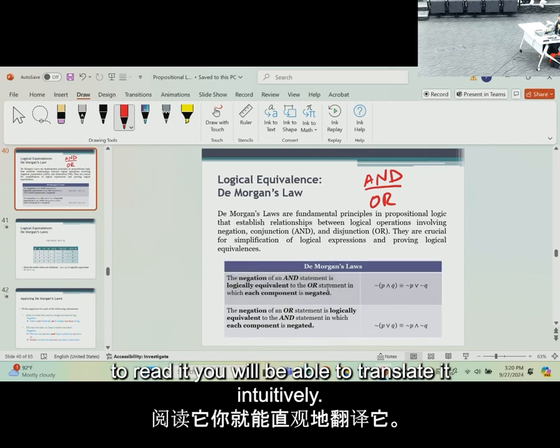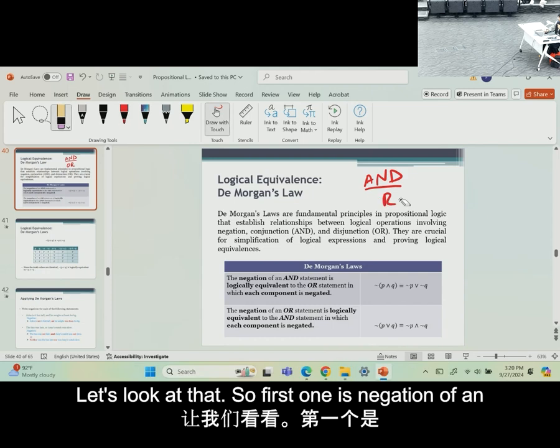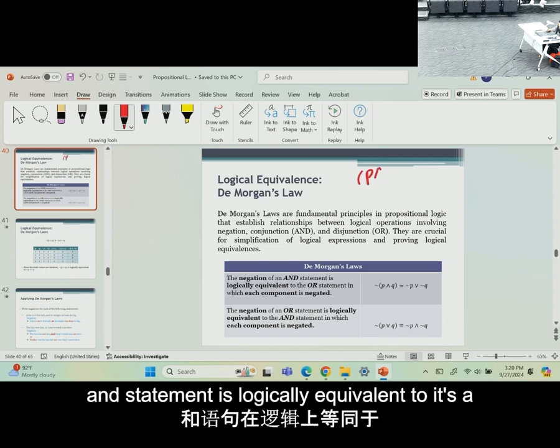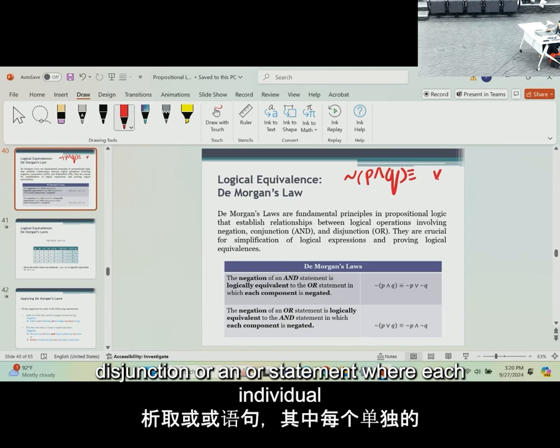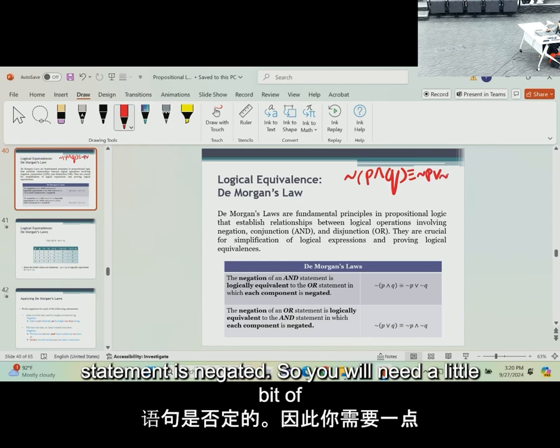If you know how to read it, you will be able to translate it intuitively. Let's look at that. So the first one is: the negation of an AND statement is logically equivalent to its disjunction, or an OR statement, where each individual statement is negated.